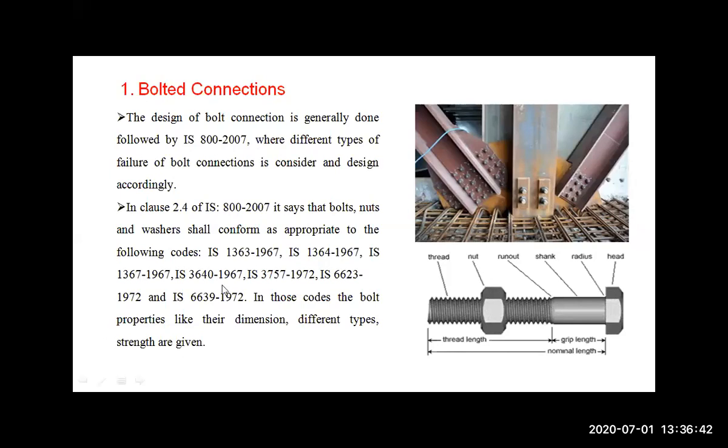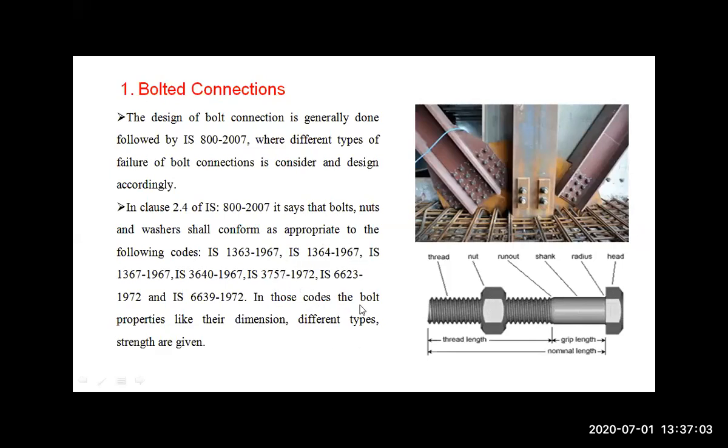So all the theory, formulas and strengths related to bolts are given in these IS codes, and we can use these codes for the design also.